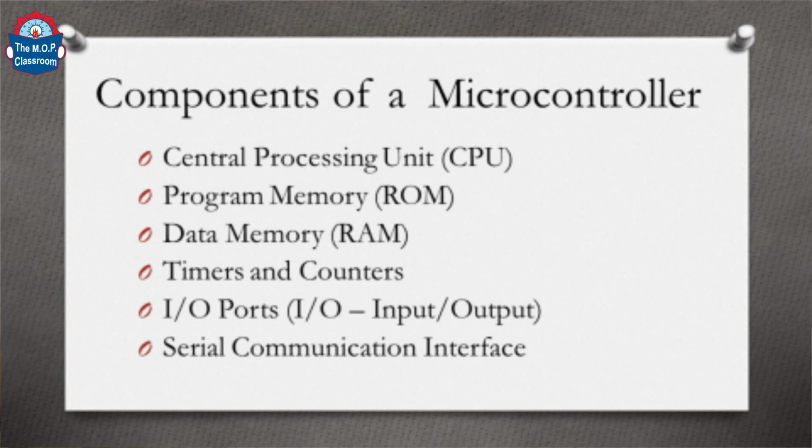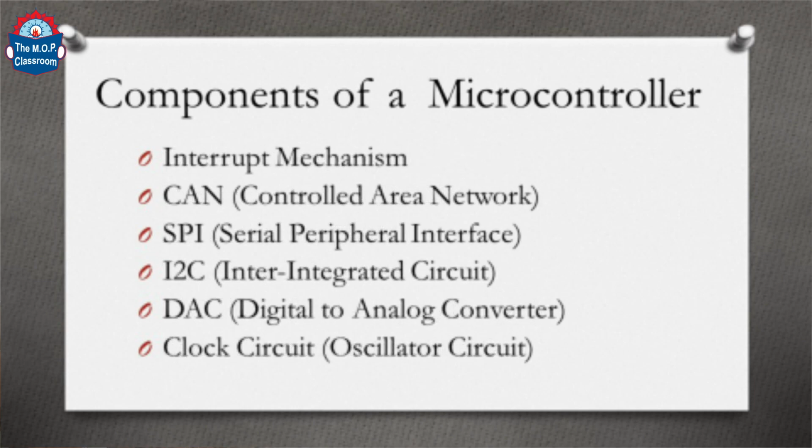That is why we use ROM, and data memory is random access memory, and we use timers and counters, I/O ports and a serial communication interface. Then you have interrupt mechanisms, CAN, SPI, I2C, DAC and a clock circuit. Now, what is this CAN? CAN is nothing but Controller Area Network.